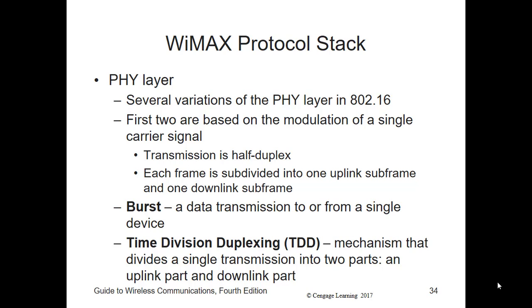The PHY frames can be 0.5 milliseconds, 1 millisecond, or 2 milliseconds long and are divided into a variable uplink subframe and downlink subframe. The subframes are divided into a series of slots, and because the uplink and downlink subframes are variable, the BS can allocate more time slots for the uplink or downlink as required.